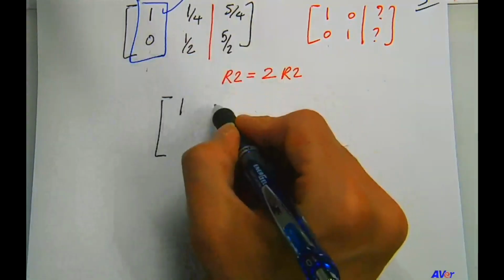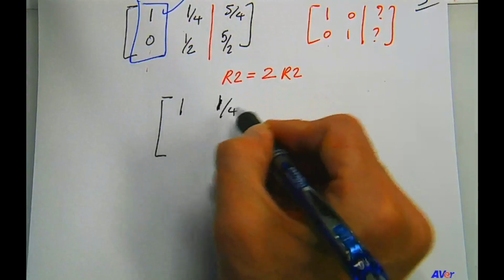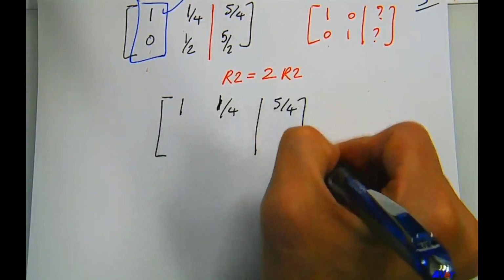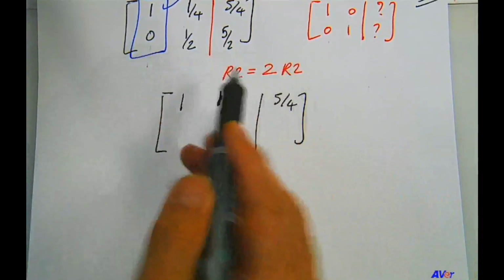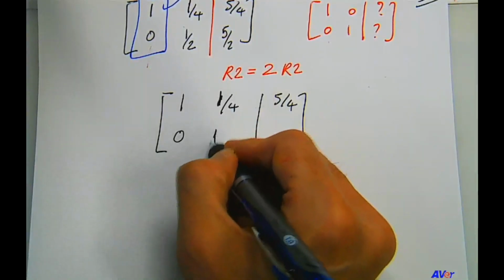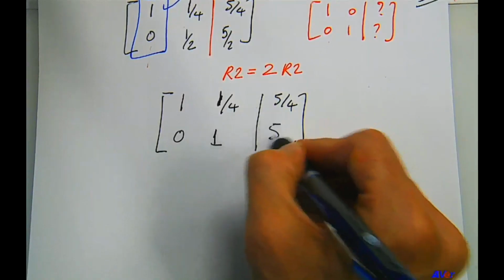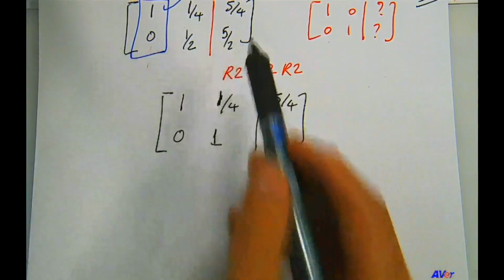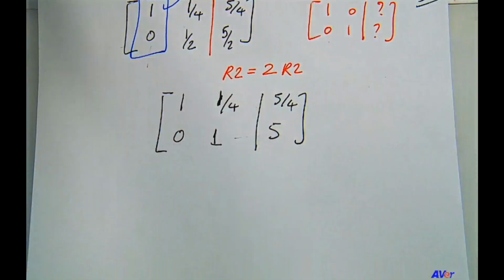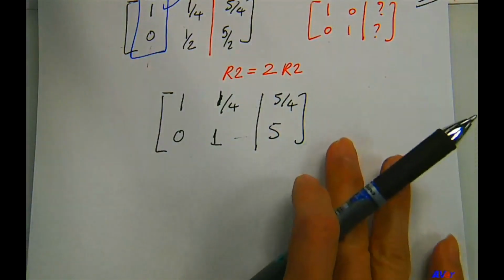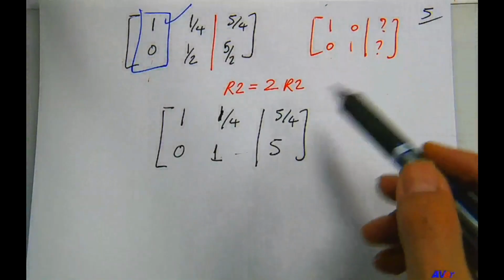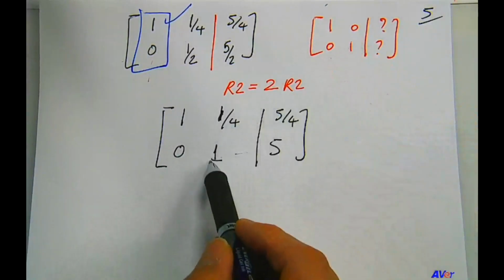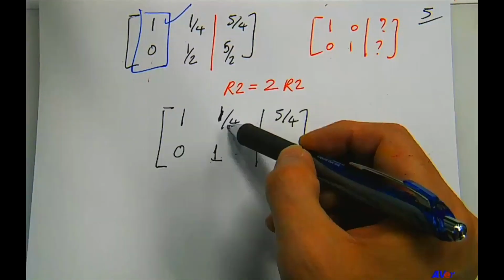The first row isn't changing, so 1, 1/4, 5 over 4, and then multiply the second row by 2: 0, 1, and then 5, right? If you multiply this row by 2, these are the numbers you get. So now, compare this with this matrix. Did we get the 1? Yes, we did. Now we're going to worry about the 0.